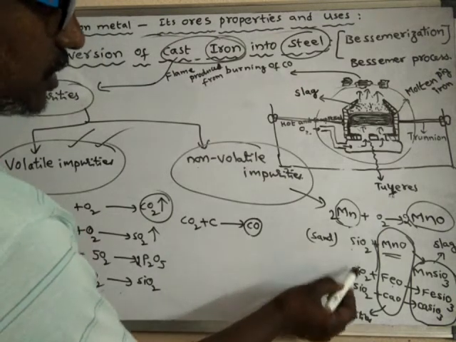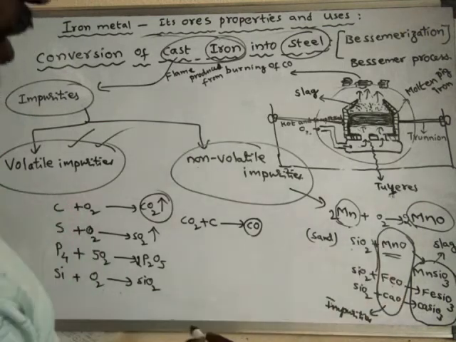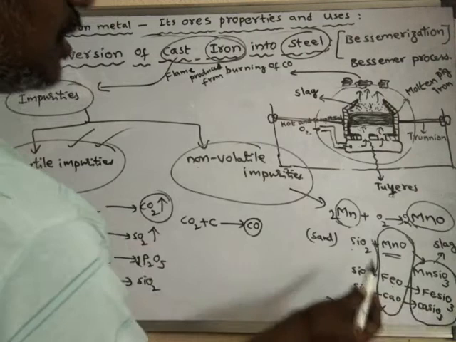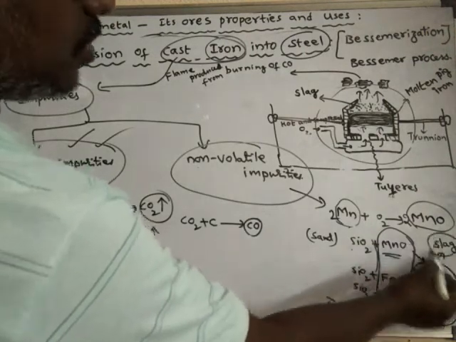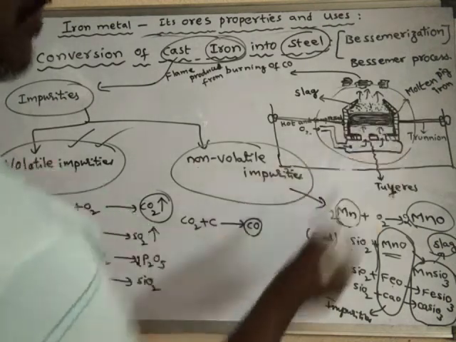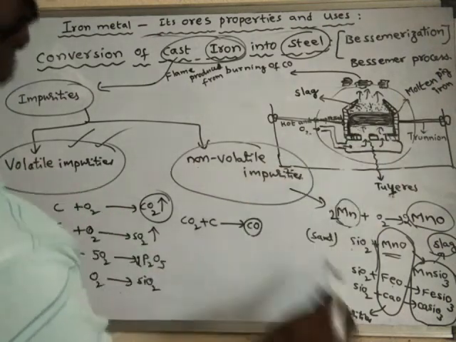Now this silicon dioxide will react with these impurities and convert them into slag. This slag is non-volatile. It remains in liquid form because of the very high temperatures inside this converter.